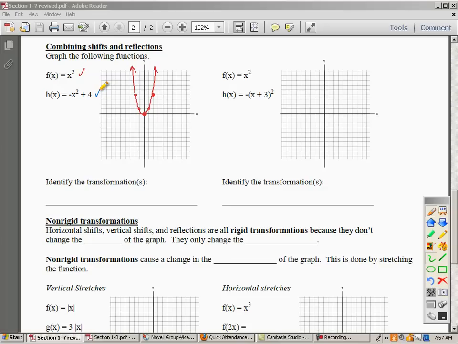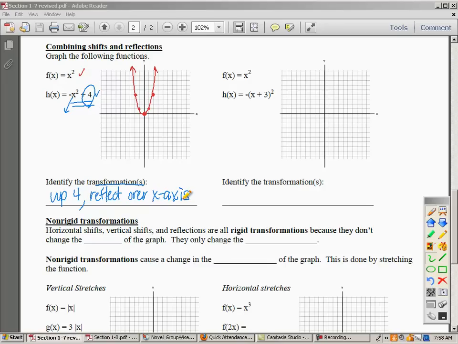Now, I'm going to actually describe the transformation first because I want you to get to the point where you can do that just by looking at this equation. So this plus 4 means you're going up 4. And the negative in front means you're reflecting over the x-axis.